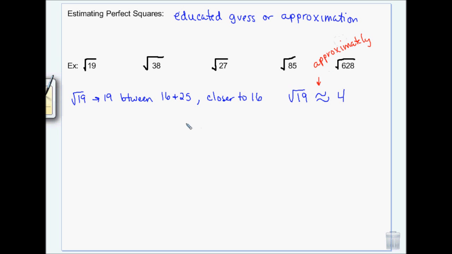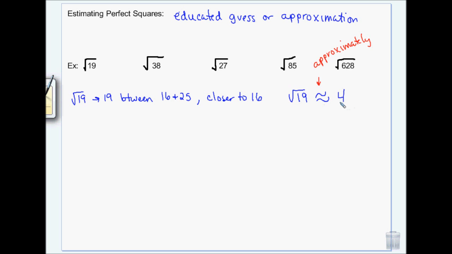So 19 is between 16 and 25, so it's between two perfect squares. It's closer to 16. The square root of 16 is 4, so the square root of 19 is about 4, or approximately 4. Whenever you make these squiggly equals, it means this is not the exact answer.